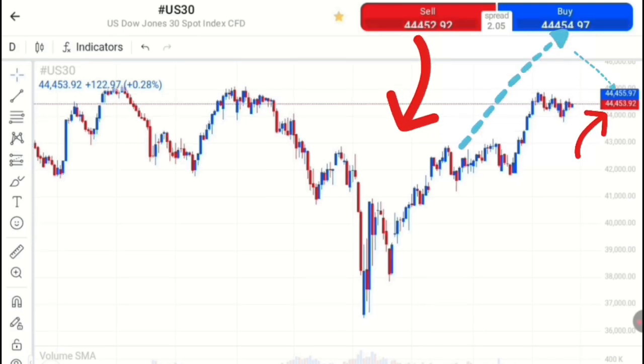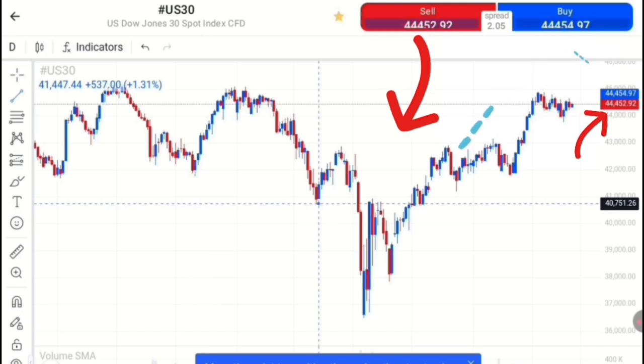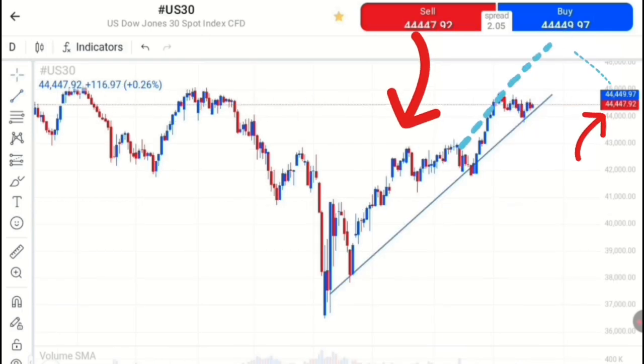When you open a CFD position, you enter into an agreement with the broker to exchange the difference between the opening and the closing of the position. If I say right now the US30 will continue to buy, as you can see the US30 is currently consolidating on a very bullish trend.